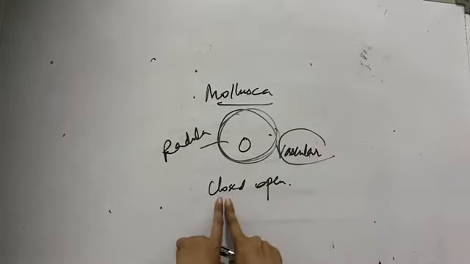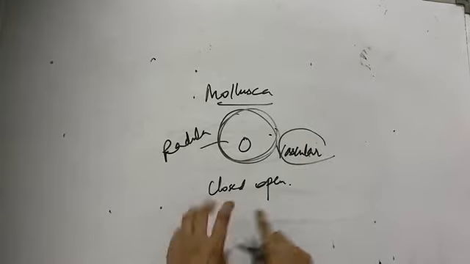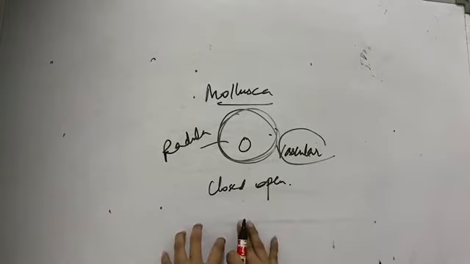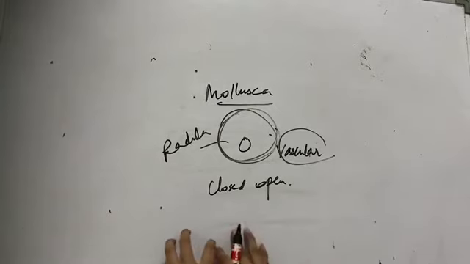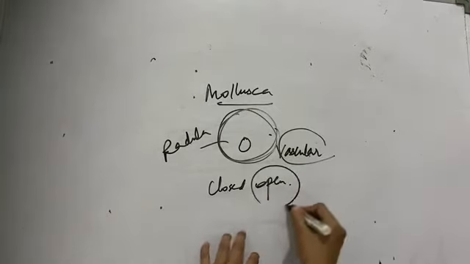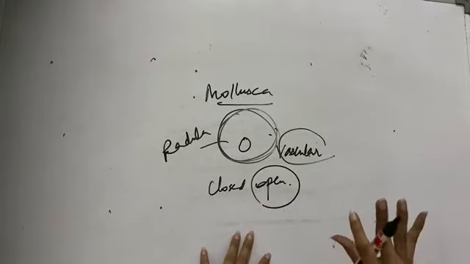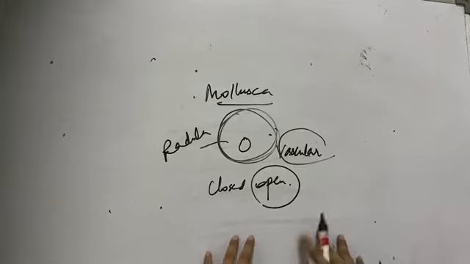Closed circulatory system is that in which the blood flows through pipes. Like in our body, the blood is flowing through arteries, veins, capillaries. In open vascular system, there are no such tubes or pipes. The blood is flowing directly in the whole body.